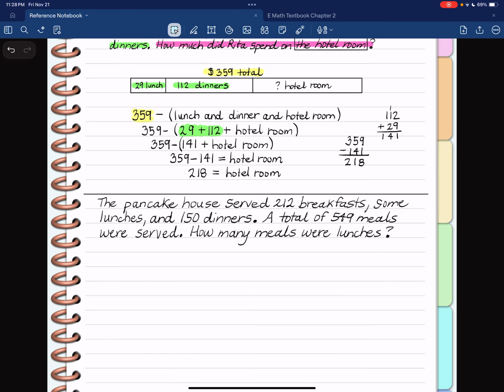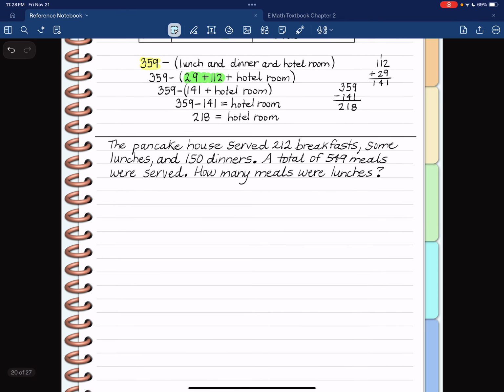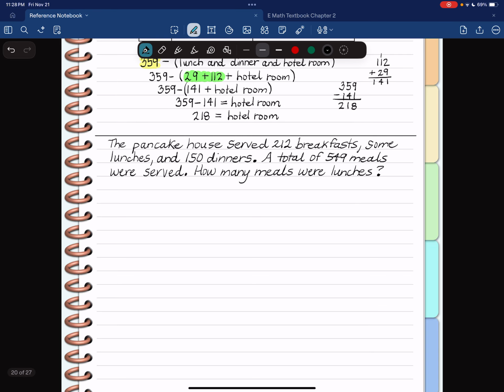But first I want to solve the problem because it's a good question. All right, so the question itself is how many meals were lunches? So they want to know the number of lunches.